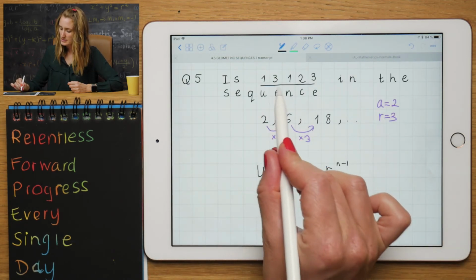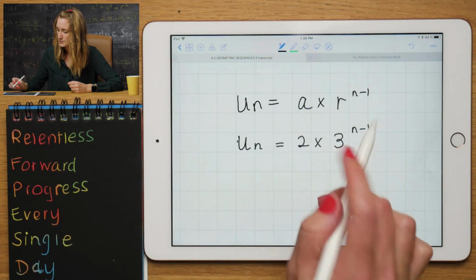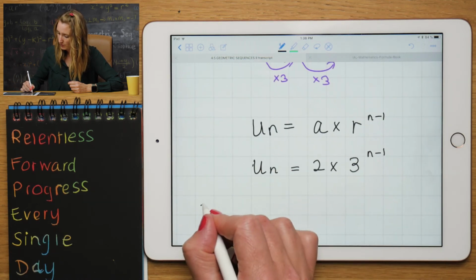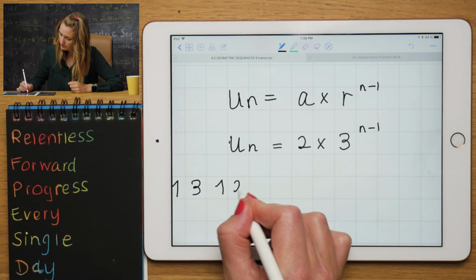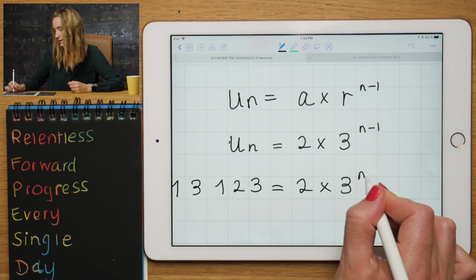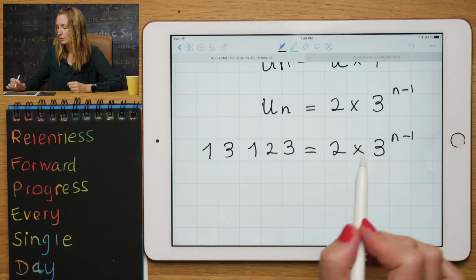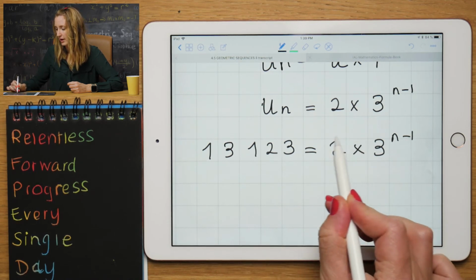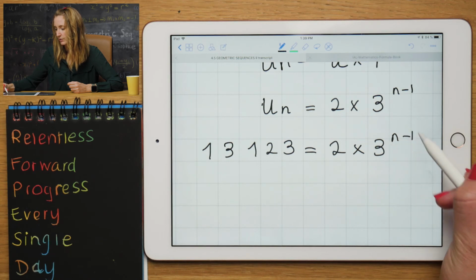We're going to put this number in here for our u_n because it's a term, it's not a term number, so it doesn't go in for n. So we've got here 13,123 is equal to 2 times 3 to the n minus 1. It's not possible to take logs yet. You want to move everything away from the exponent with the unknown power.